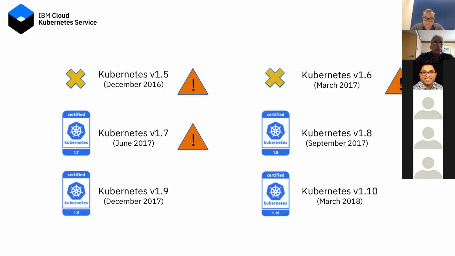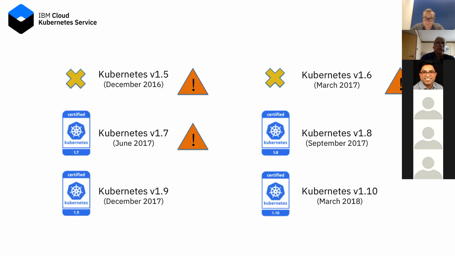I took a view of Kubernetes community releases over the course of about a year and a half, and you see Kube 1.5 to Kube 1.10, which is the current release that's available. Over that course, you can see the certification program come into play for Kube 1.7 and continuing on to 1.10.